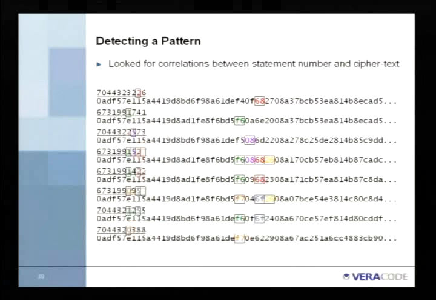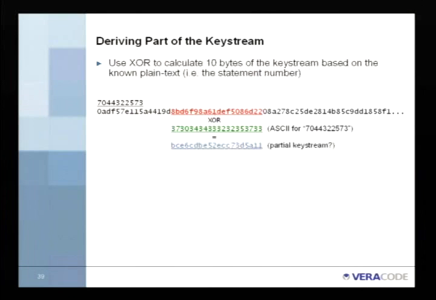So we've made that kind of observation now between the plaintext statement number and the token. So let's try and figure out what the key stream is. We know that in a stream cipher, the plaintext and the key stream are combined together using XOR, and that's how you come up with the ciphertext.